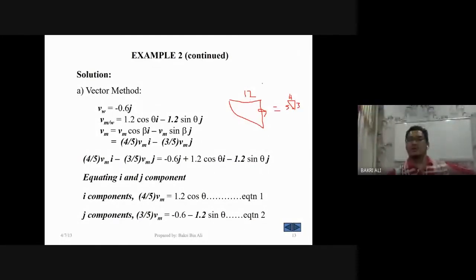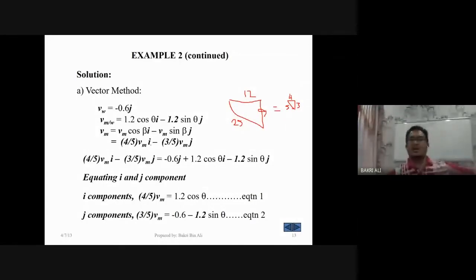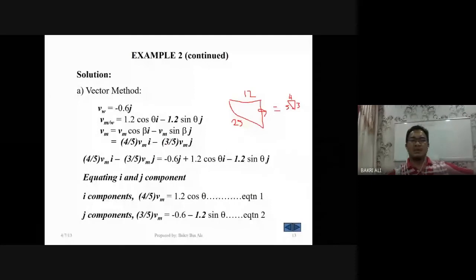So 12 squared plus 9 squared gives 25 under the root, so cos is adjacent over hypotenuse, 12 over 15 or 4 over 5 for the Vm i component, and for the j component, sine beta is 9 over 15, which gives us 3 over 5 in the j axis.